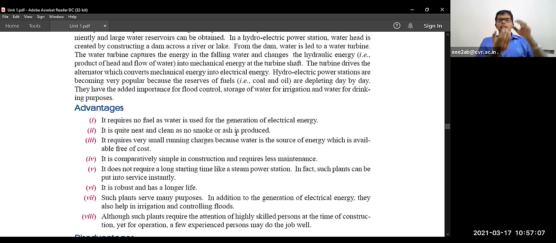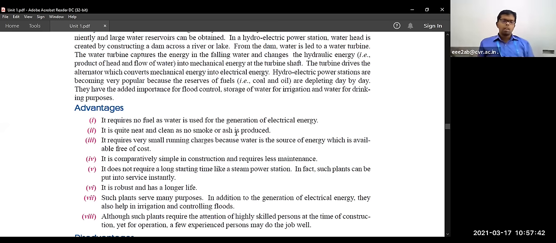Only the tubes we have to construct for generating the power, and it is comparatively simple in construction and requires less maintenance. If you take a thermal power plant, for constructing it so many things are there: boiler, superheater, economizer.